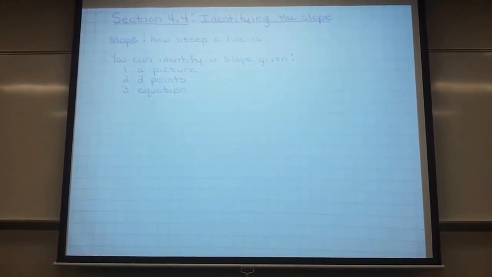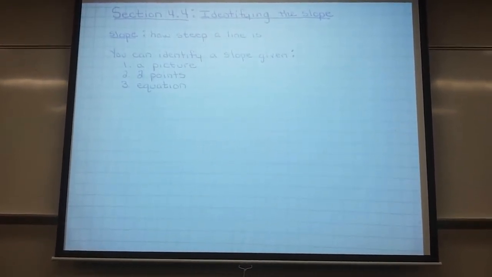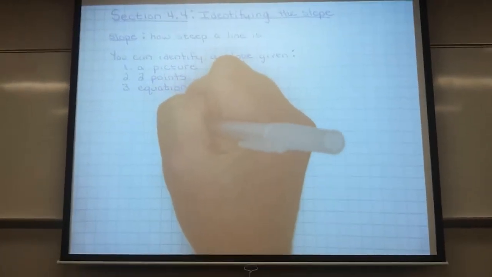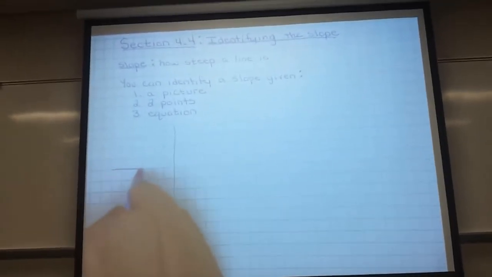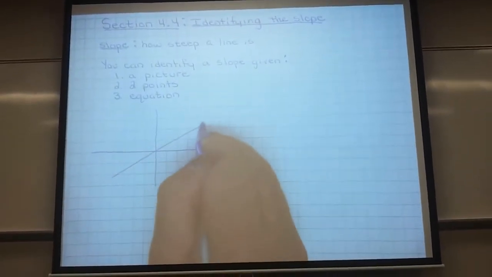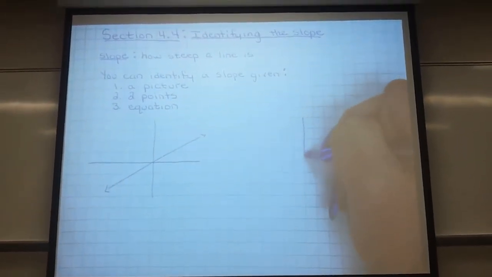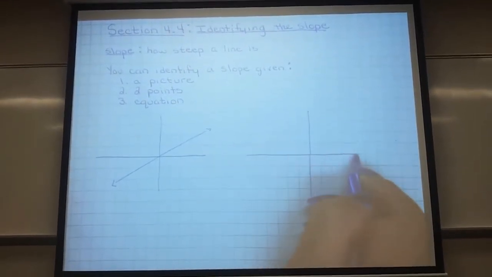Now the picture one, we can't really get an exact number if it's just a rough sketch, but you can kind of tell if it's going to be a positive or a negative slope. So let me draw a couple graphs here. My first one is going to look like this. These don't have to be huge.